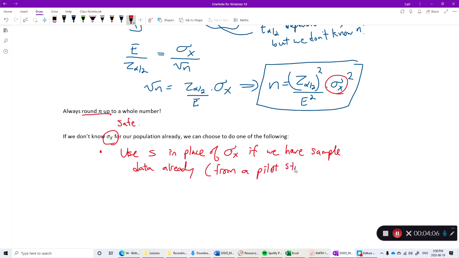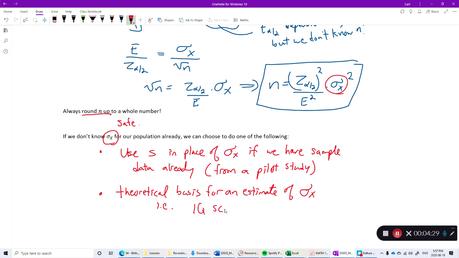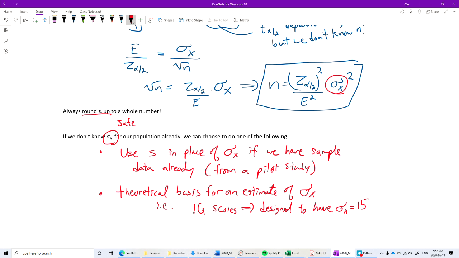Or you might have a theoretical basis for some estimate. For example, if we were talking about IQ scores, it's designed to have a sigma of 15. It might not be 15 in a specific population, but it's designed to be 15, so that would be a reasonable estimate.